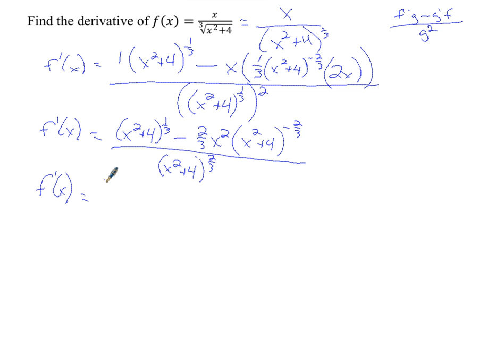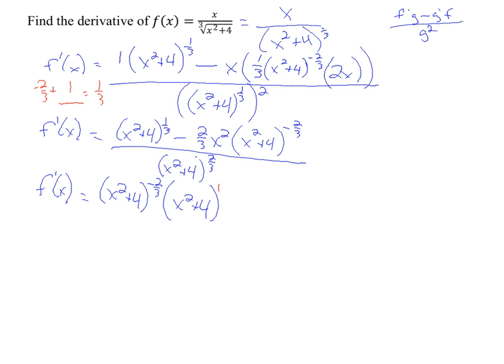So I factor out x squared plus 4 to the negative 2/3 power. Open up parentheses, what's left over? X squared plus 4 to the what power? So we factored out negative 2/3 plus what gives me positive 1/3? It has to be 3/3, which is 1.